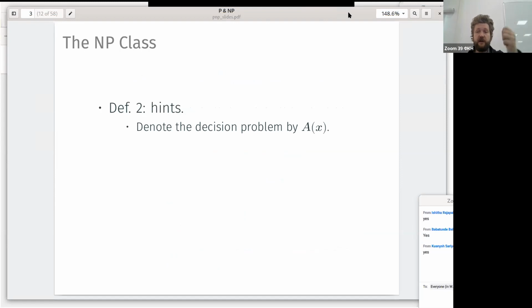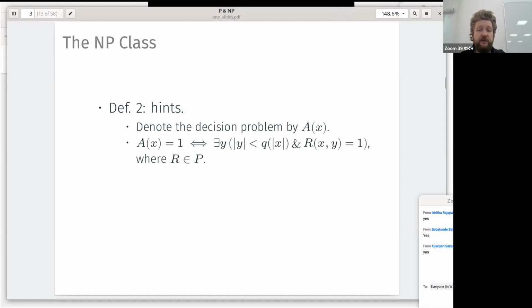So it's a function from the set of words into zeros and ones. And we suppose that it is of the following form: we answer 1 if and only if there exists a y such that, first, y should be of polynomial size. And second, there should be a polynomially decidable relation R in P, a polynomially decidable function of two arguments, x and y, and this should yield 1.